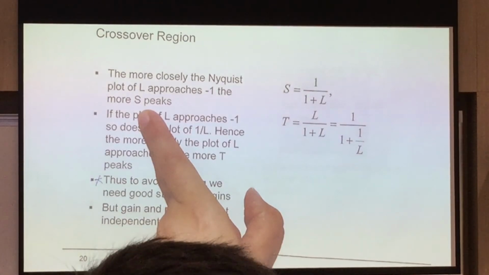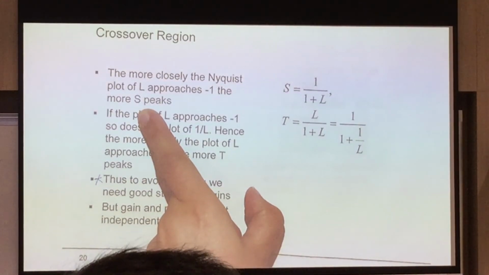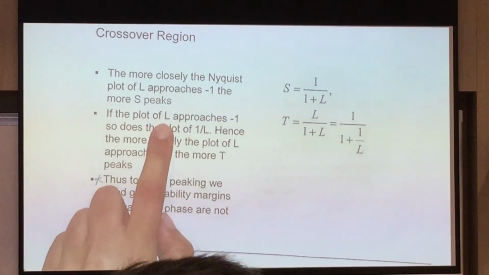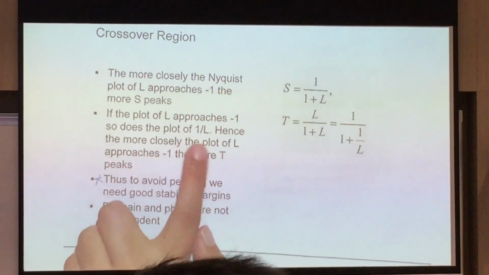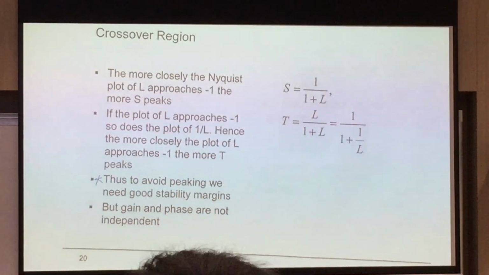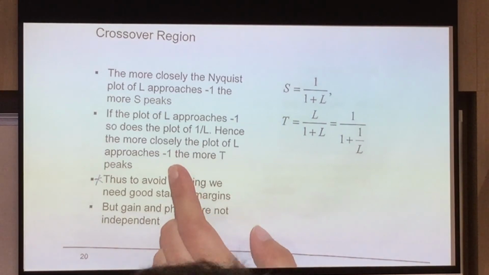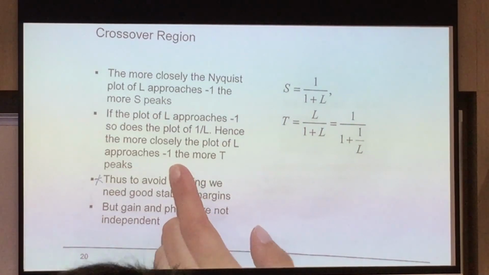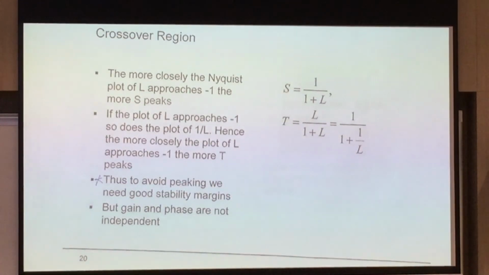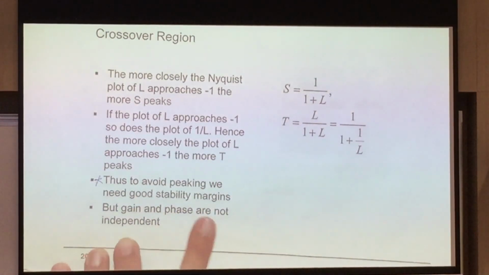Sm is inverse S. If your plot of L approaches -1, your plot of 1 over L also approaches -1. Then your vector margin is small, and hence T will be large. What's the inverse relationship? So to avoid peaking, you need those stability margins.